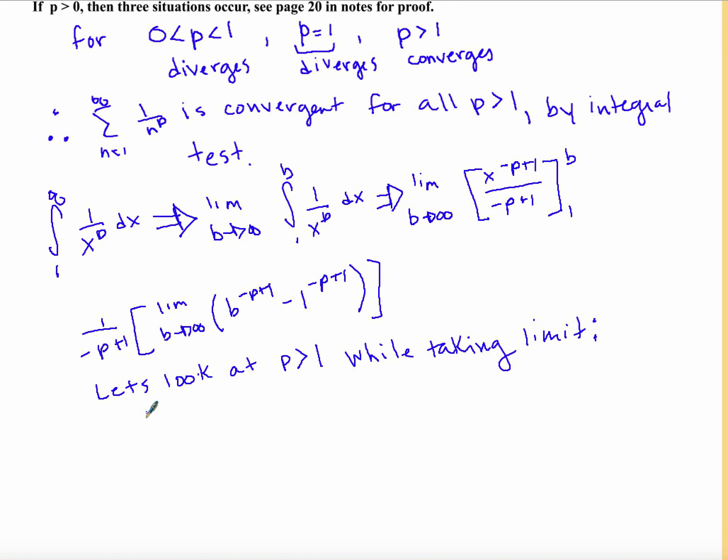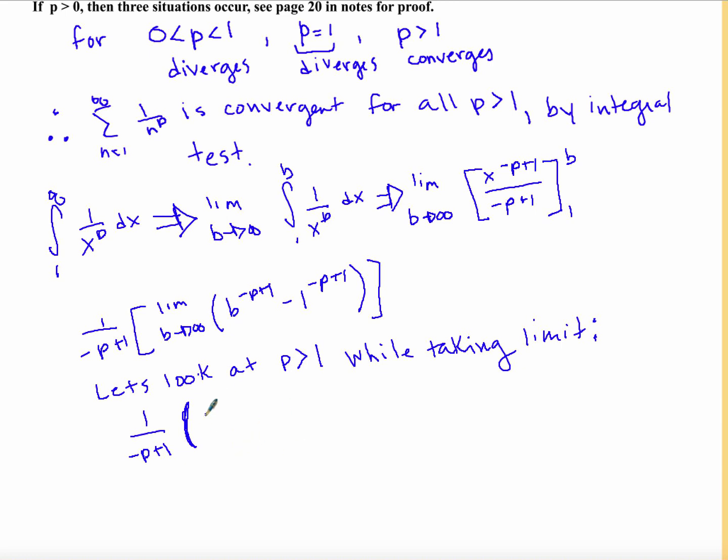So we have 1 divided by negative p plus 1. Well, this is just going to be whatever 1 divided by negative p plus 1 is. As long as p is greater than 1, this is just going to give us a negative constant. It's not really going to change, and it's going to multiply by what's inside.